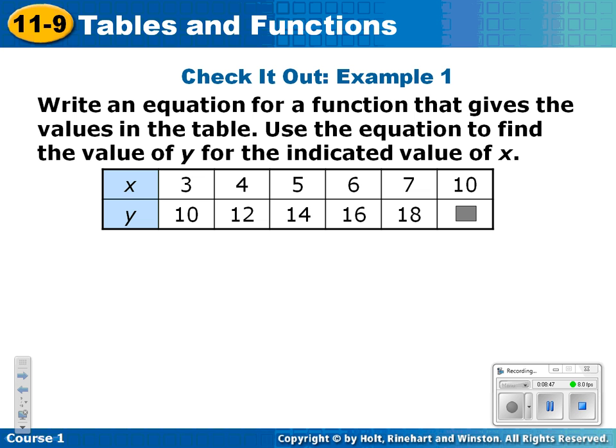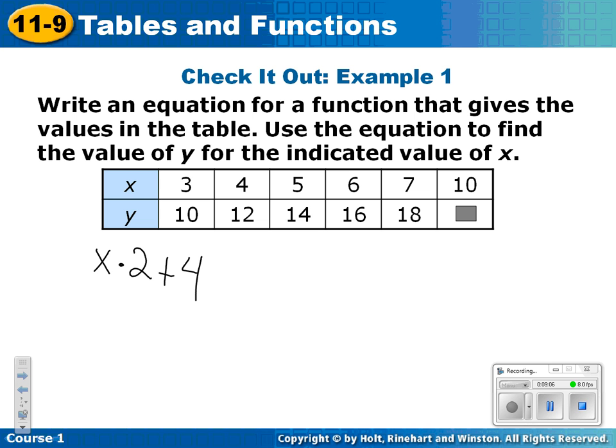Go ahead, Lacey. What do you see? X times 2 plus 4.